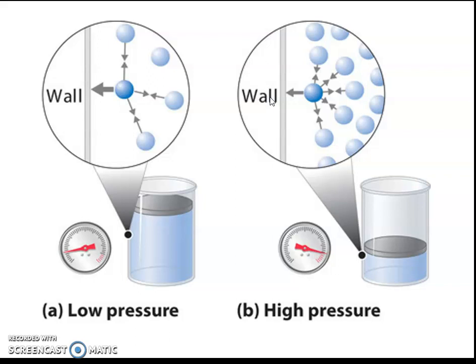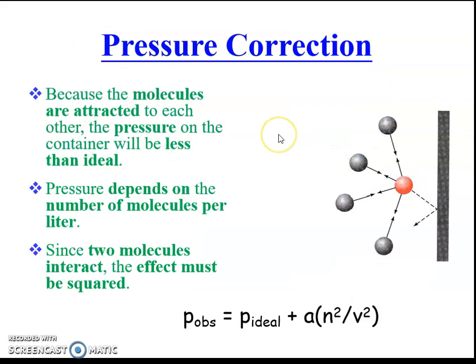Hence, at low pressure, the actual pressure will be equal to ideal, but at high pressures, we have to add a term to the observed pressure to make both correct. That is, the pressure correction is that because the molecules are attracted to each other, the pressure on the container will be less than ideal.